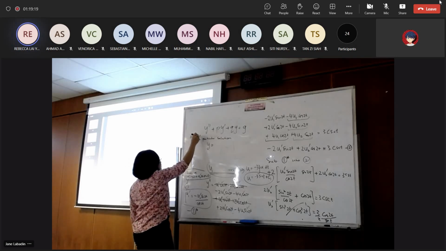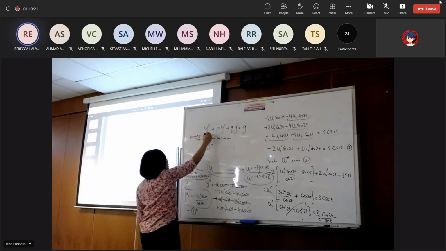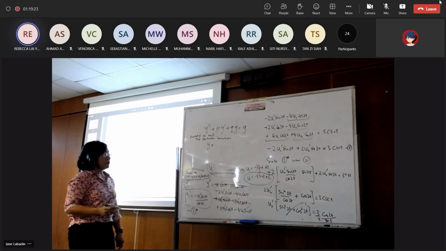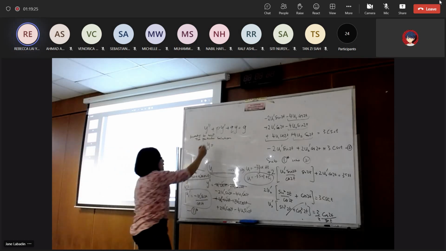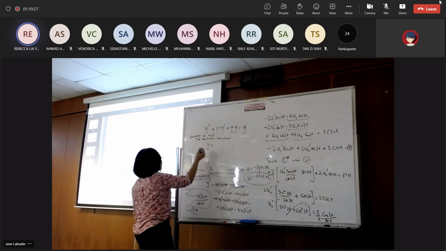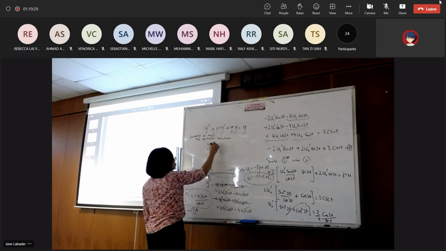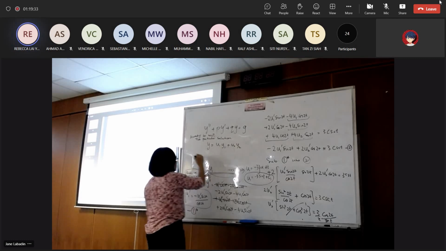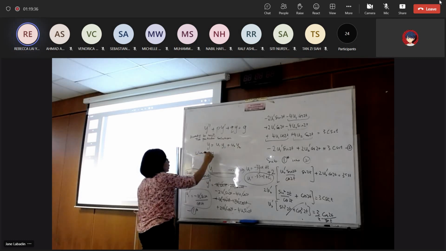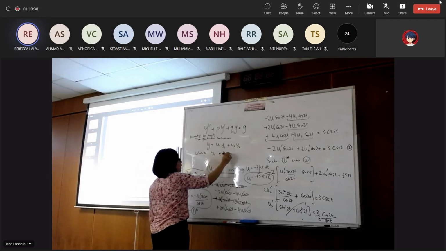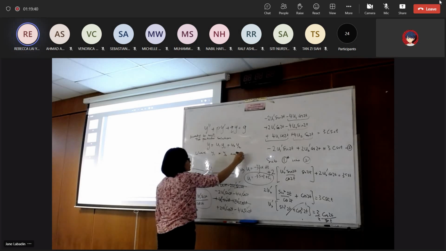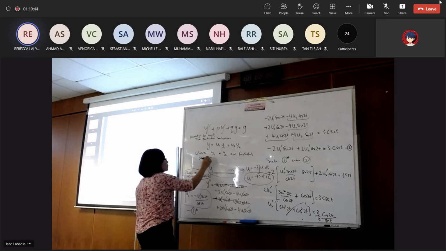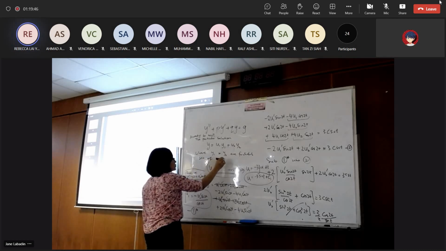According to MVP, the method of variation of parameters, the particular solution has this form: y equals u1 y1 plus u2 y2, where y1 and y2 are the fundamental set of solutions.